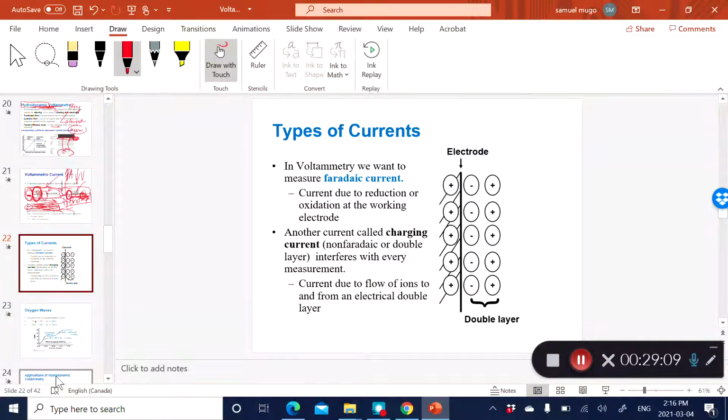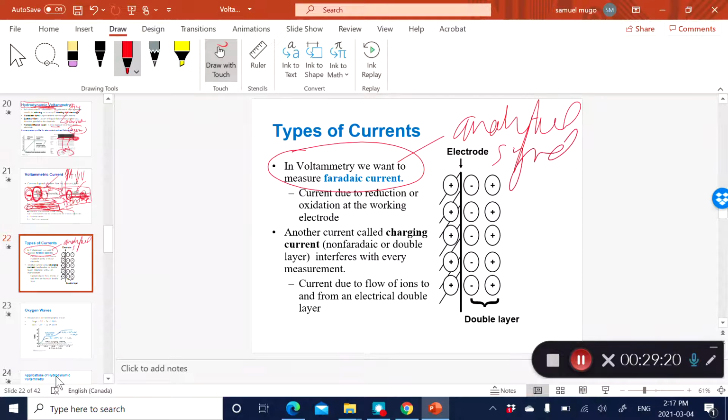So what are the types of currents out there? I think I've already mentioned, you're interested in the Faradaic current, so that is the analytical signal of interest. But unfortunately, I said there is migration also taking place when you apply a voltage into a solution that has an electrolyte, and migration takes place because of this electrostatic attraction of ions being attracted to the positively or the negatively, or oppositely, charged form.